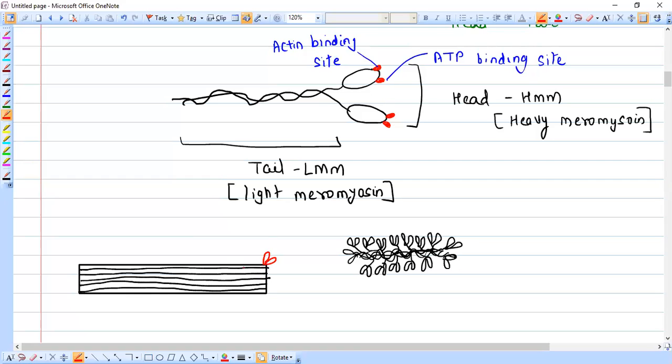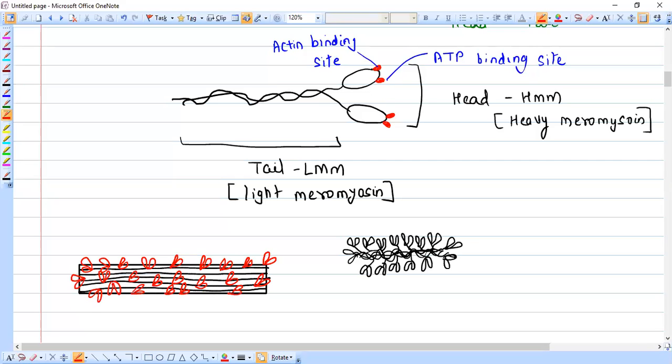There will be many heads present and they will form a bundle. These two, what you can see, are the heads. So this is how a polymer of myosin will appear. It will have many heads and tails, and all the tails are wound around each other to form a fiber-like structure.